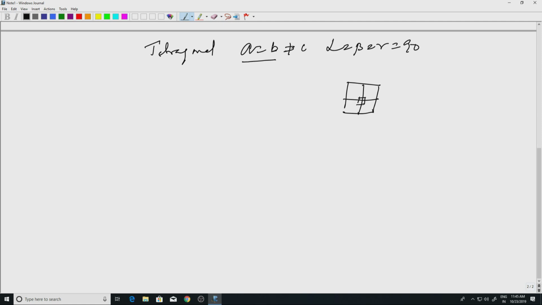Now the first point group is 4, that is, there is a fourfold rotation. Every 90-degree rotation takes it here. Then comes 4 bar. This is rotated by 90, then inversion, rotated by 90, inversion, rotated by 90, inversion.